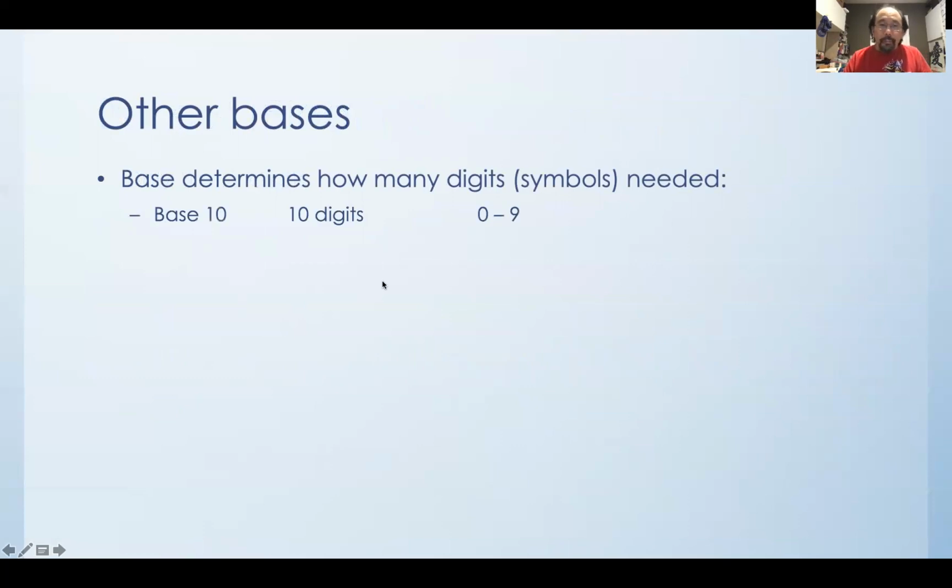Now, with other bases, with base 10, we have 10 different digits, 0, 1, 2, 3, 4, 5, 6, 7, 8, 9. With base 8, we only have 8 valid digits, 0 through 7. And with base 2, we only have 2 valid digits, a 0 or a 1.